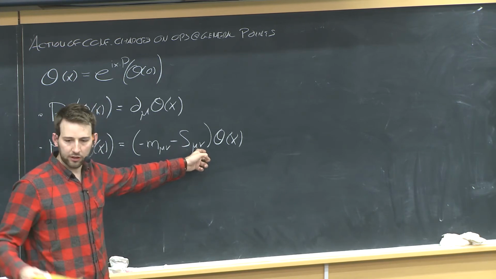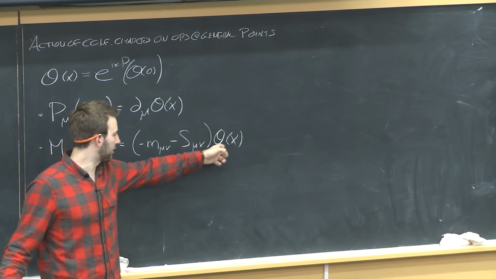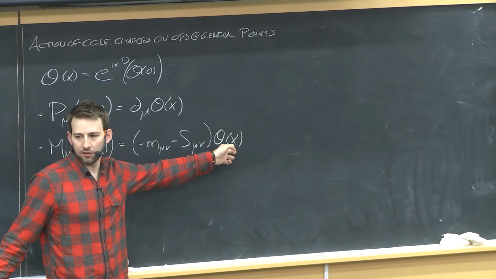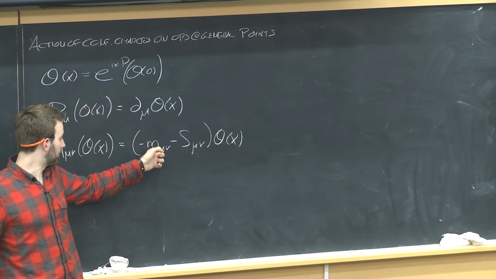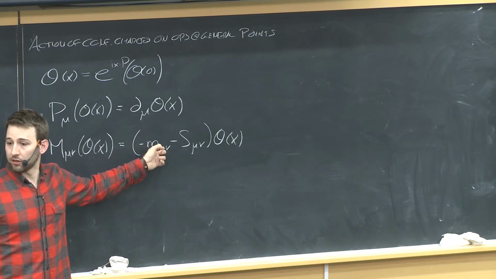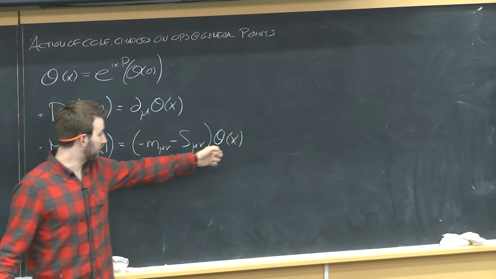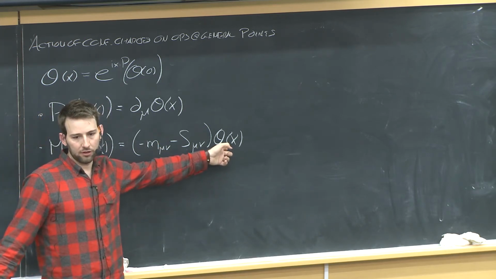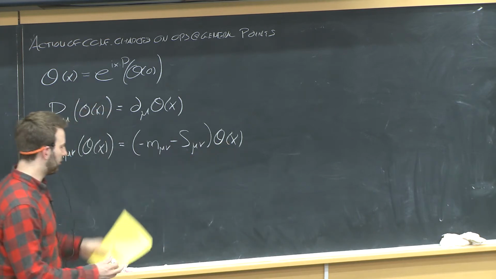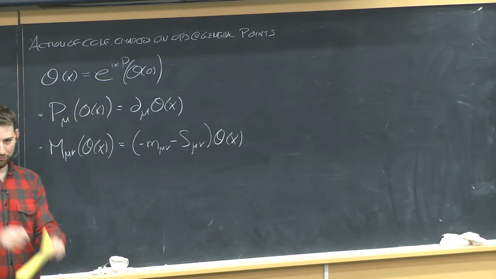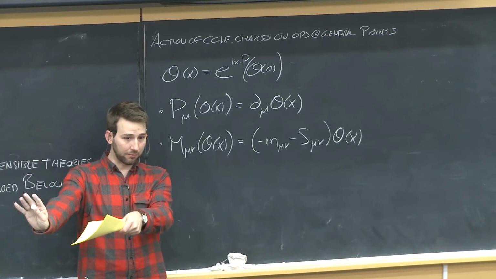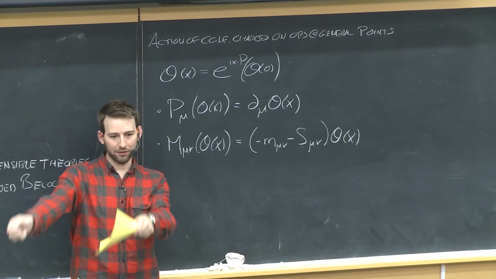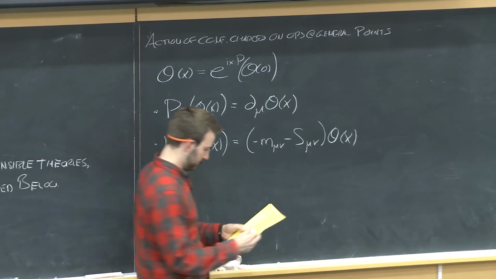Remember, this S is the internal rotation matrix that acts on the Lorentz indices that I'm now suppressing on this operator. But now there's an extra explicit factor where this lowercase m mu nu is the killing vector for rotation. So this acts by derivatives on this thing. So this is what you would expect if you have an operator that's not at the origin and you do a rotation. You have to change the frame that acts on the indices, and you also move the operator, which acts with derivatives.